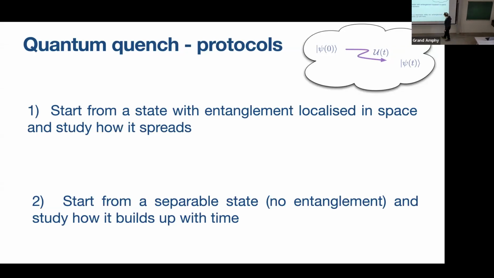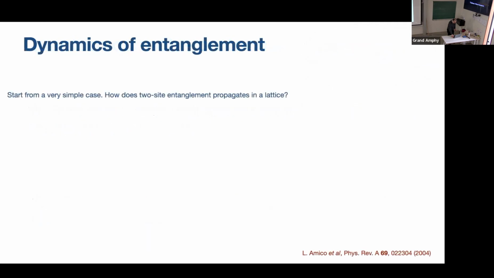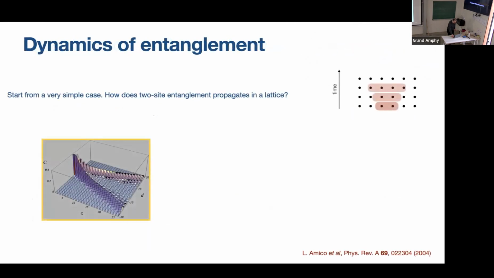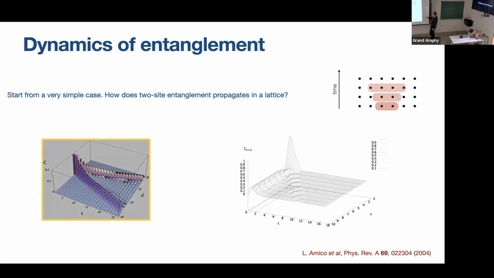Then very fast move to the much more exciting part in which the Hamiltonian itself will create entanglement. The reason why I start with this dull case is that, suppose that you have a spin chain, you just put a Bell pair here.